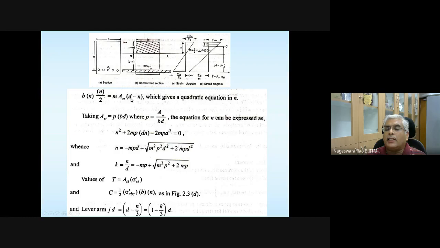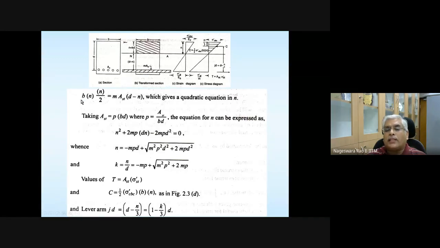And d, the effective depth, is given, so you know d. Except n, you know everything in this equation, and this is going to be a quadratic equation in n. You need to solve the quadratic equation and get the realistic root. That gives you the neutral axis depth n.